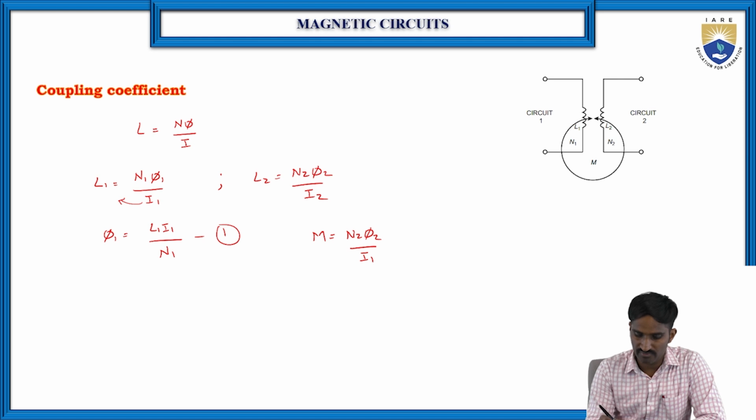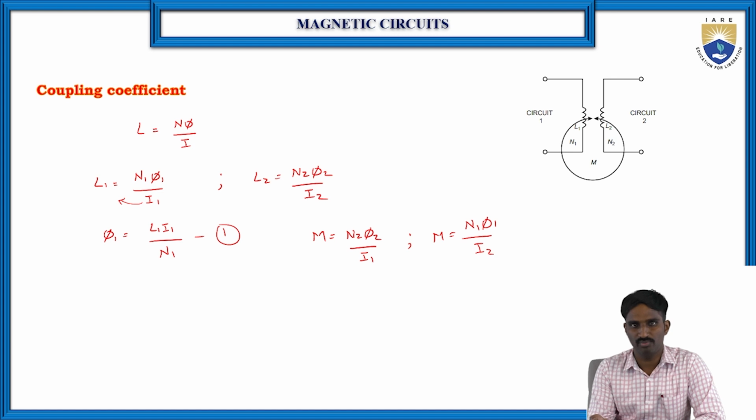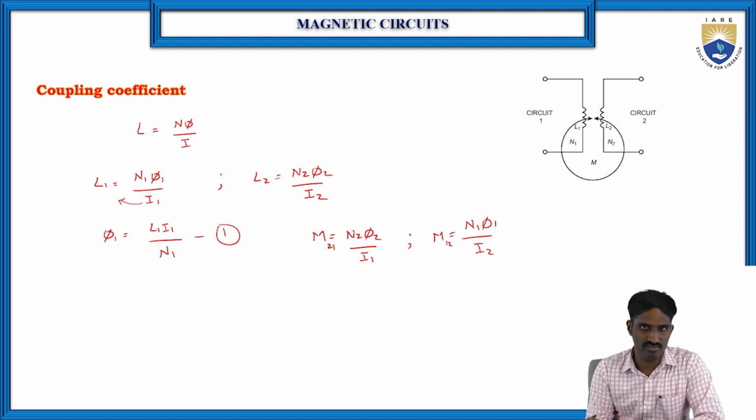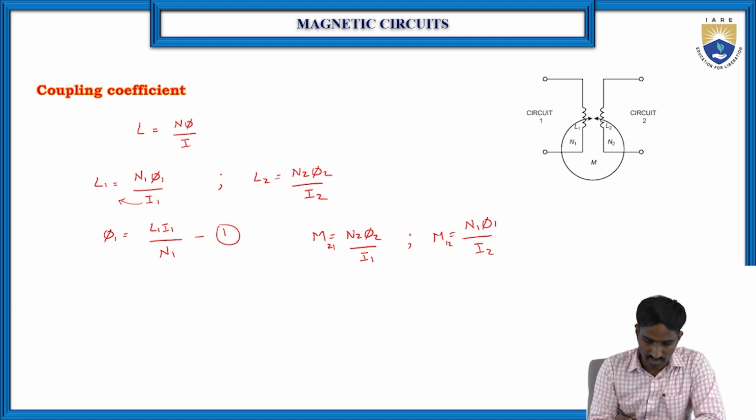With respect to the primary winding, we can write one more equation: M is equal to N1 phi 1 by I2. So both are possible. We usually write these as M21 and M12, but we know already M21 is equal to M12, which is equal to M. So instead of that, we simply take it as M.